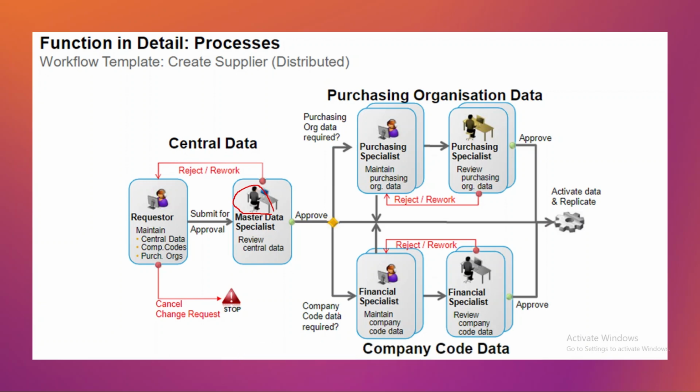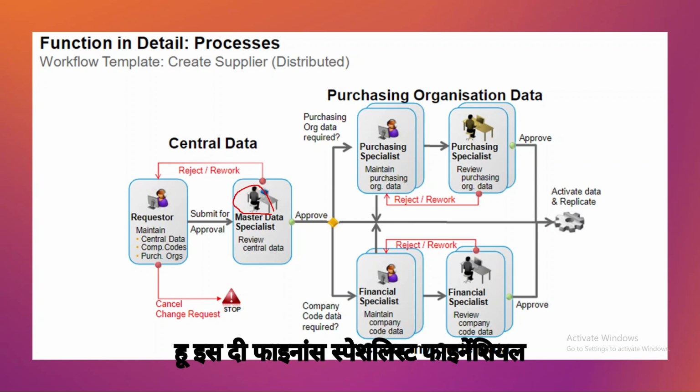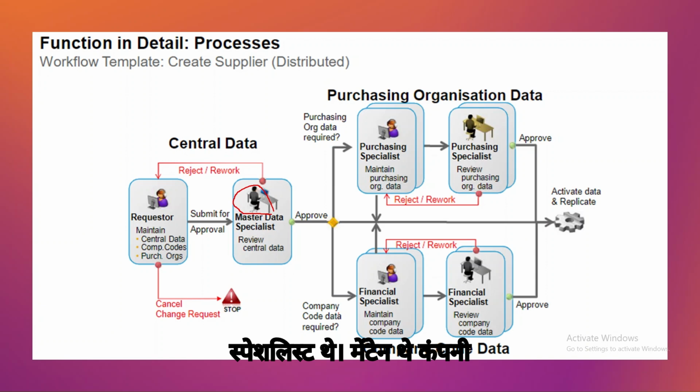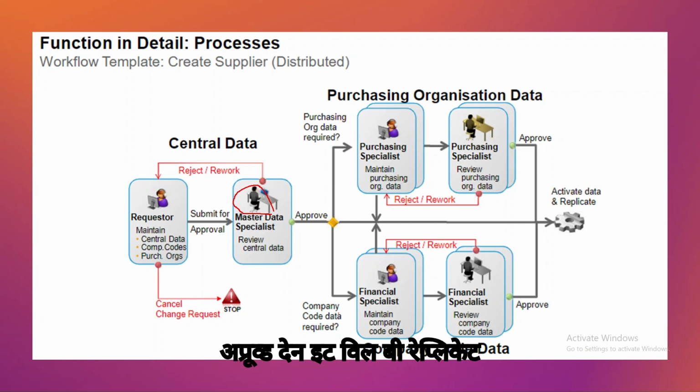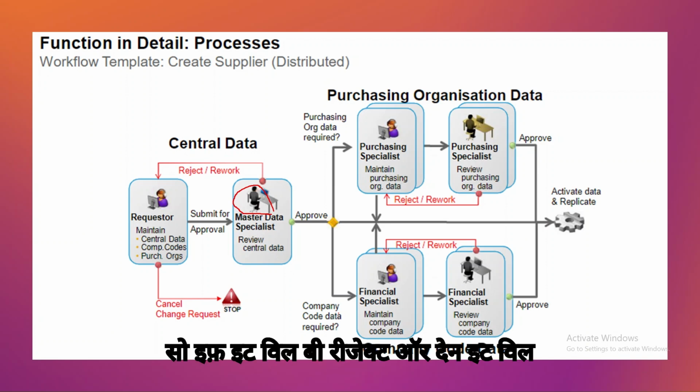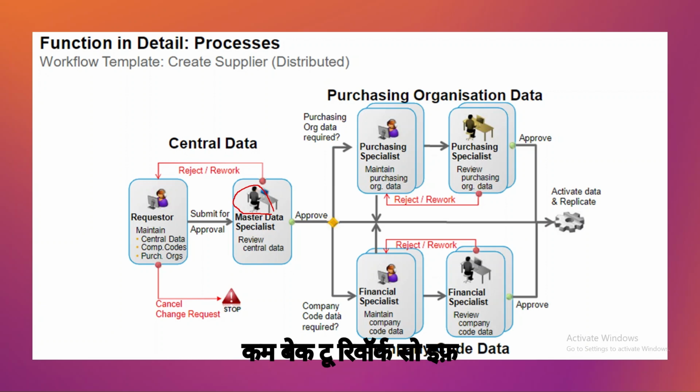In the next stage, the purchasing specialist maintains the purchasing data, and the financial specialist maintains the company data. After that, it goes again to the approval process. Once they review and approve, it will be replicated or activated. If it is rejected for rework, it goes back to the purchasing specialist, who does the rework.